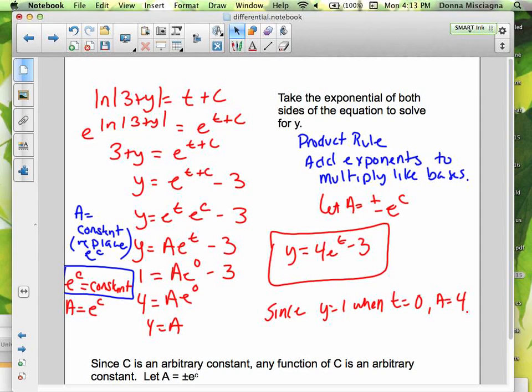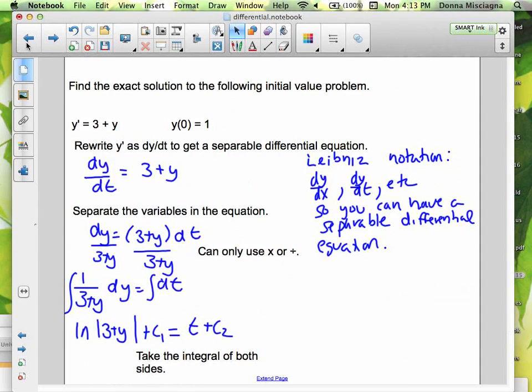So now I've got y equals a e to the t minus 3. And now I have no c whatsoever in this equation. What I need to solve for is a. We're given some initial condition, way back here, that I've already forgotten about, but just to remind people, we were told that y of 0 equals 1.